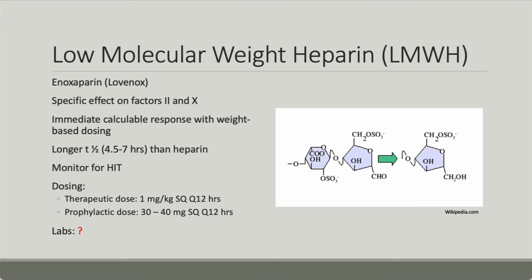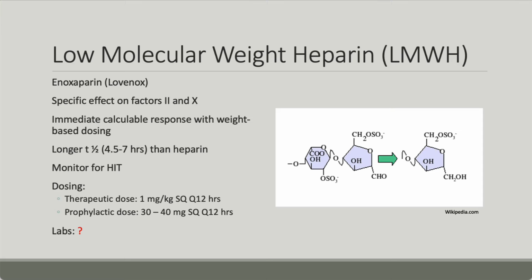So remember how crazy of a molecule heparin was? It's shown here. It's big and ugly and hard to manage, and because of that, we have to monitor its effect at very specific parts of the clotting cascade.